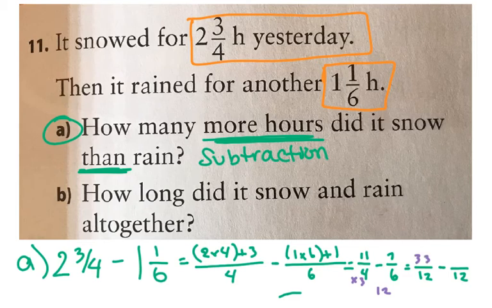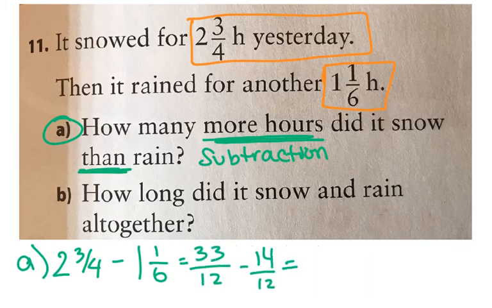And what you do to the bottom, you do to the top over here. To get this 12, it's 2. So that becomes 2 times 7 is 14. Oops, I'm running out of space here. Okay, so 33/12 subtract 14/12 gives you 19/12.